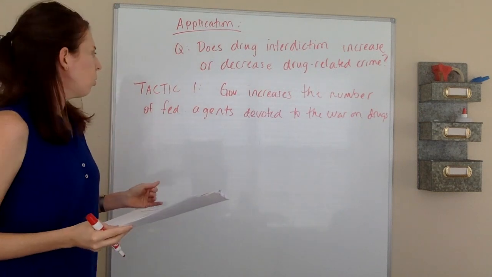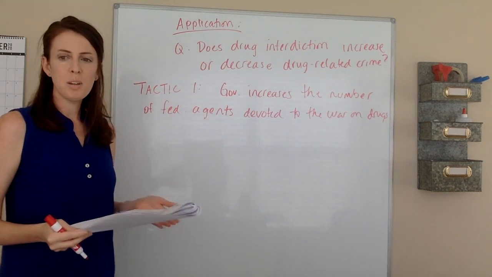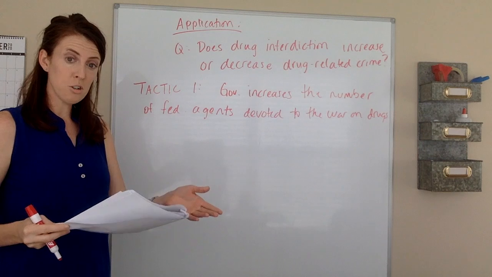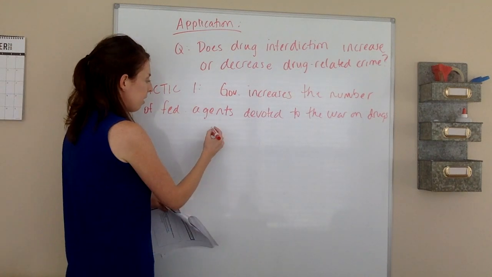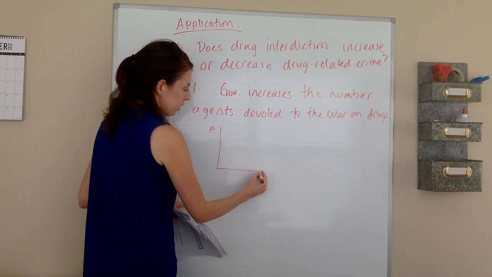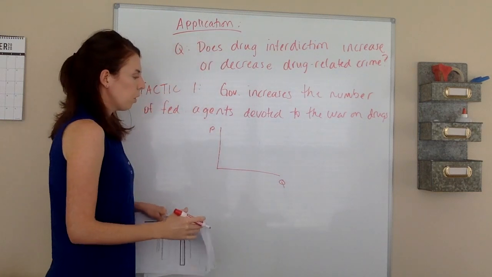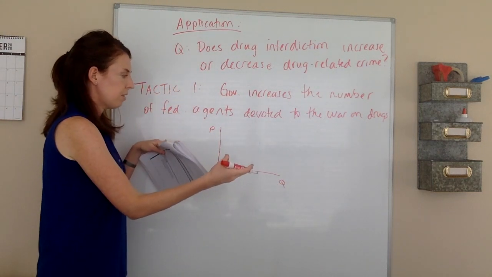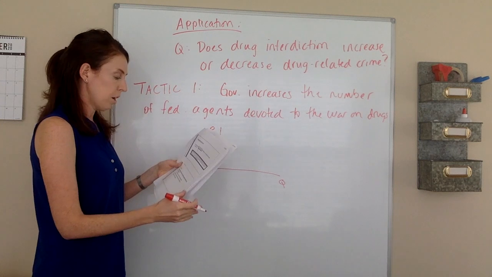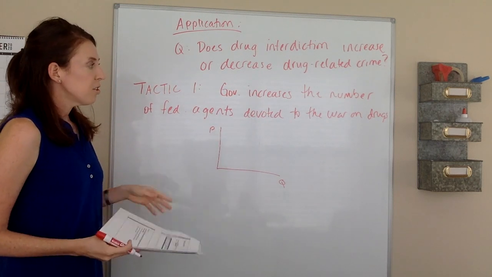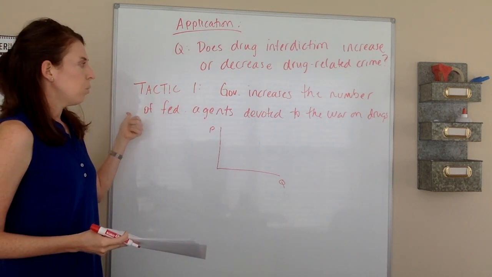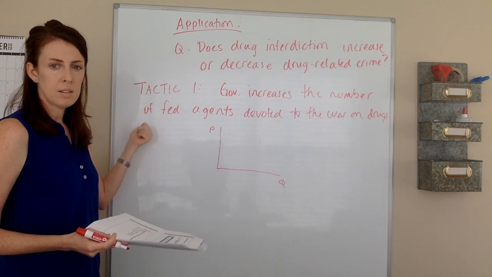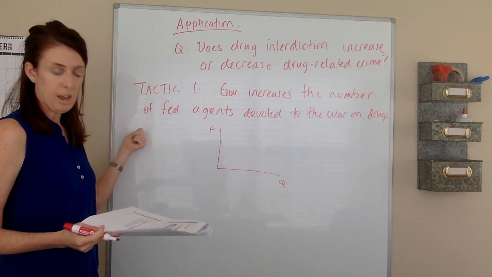Okay, so where do we start? The place we start is we're going to think about the market for illegal drugs. So when we have our price and quantity plane, what we're going to be thinking about is the graph that goes with the illegal drug market. The first thing we need to think about is, would this tactic impact the supply side or the demand side?